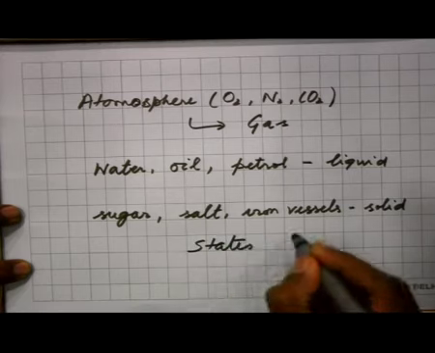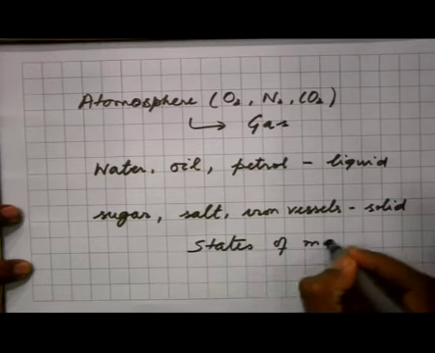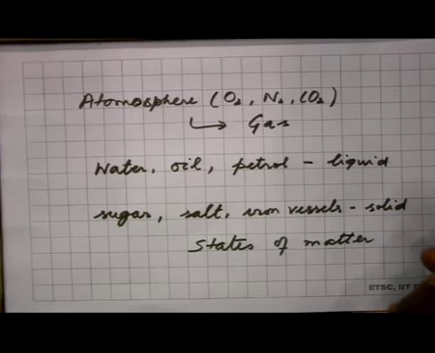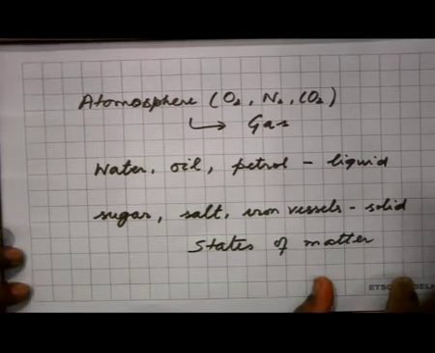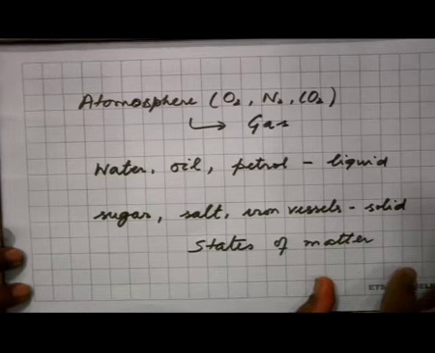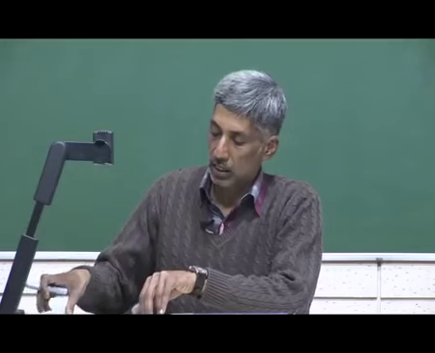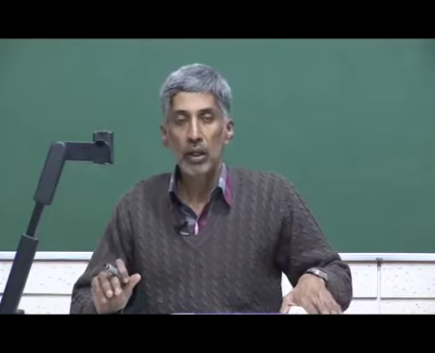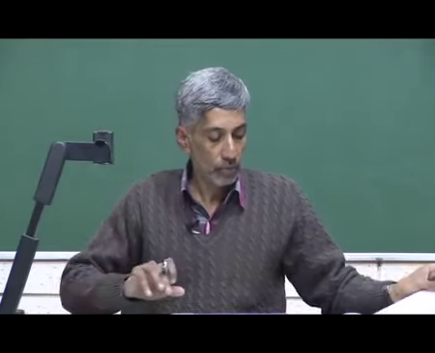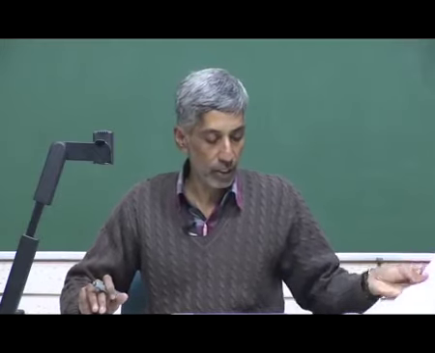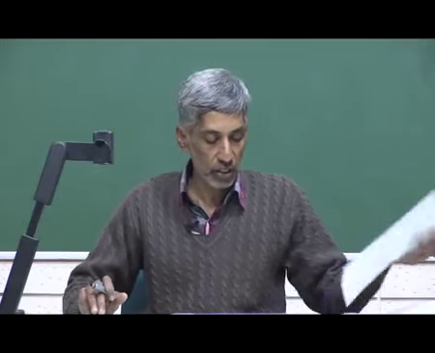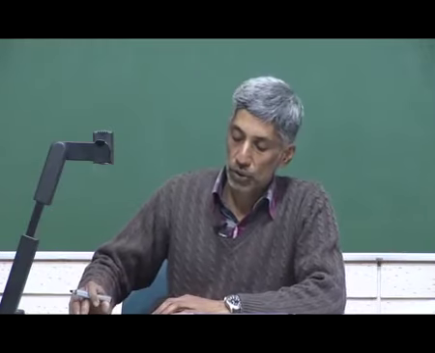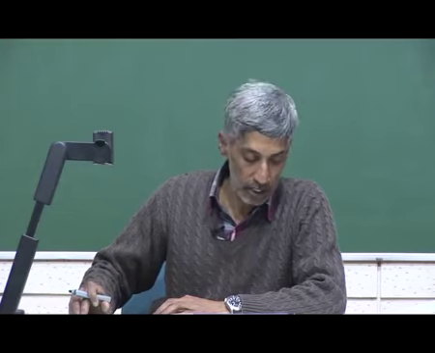These are typically the three states of matter that we divide whatever we see around us into. But this division into three states is in some sense a convenience, and you will have trouble if you have to give a very strict definition of what constitutes a solid, liquid or gas.